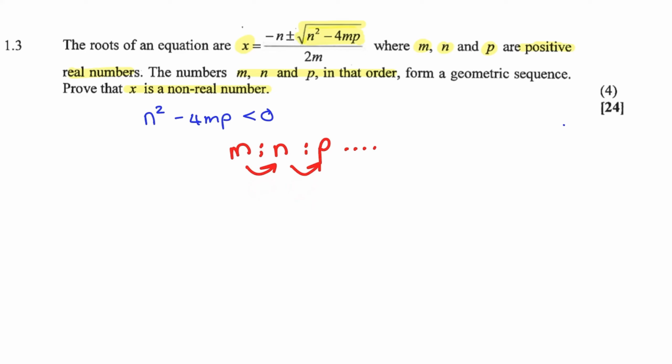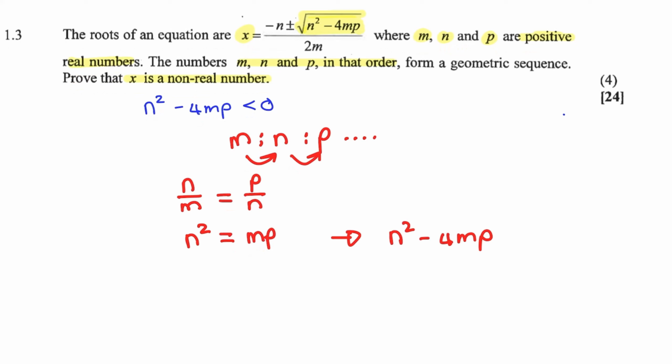Now, in order to find the ratio in terms of m and n, we'll take the second term divided by the first term, and that is equal to the third term divided by the second term. So now I have n over m is equal to p over n. And if I cross multiply, I have n squared is equal to mp.